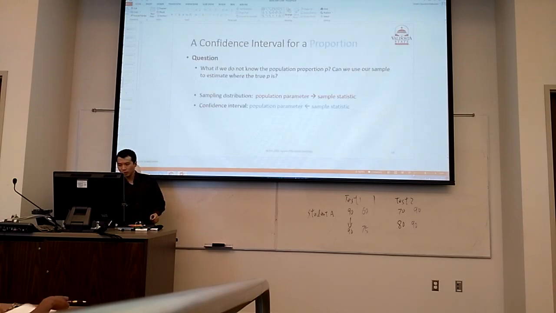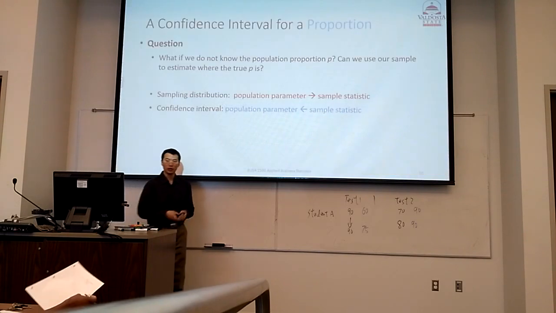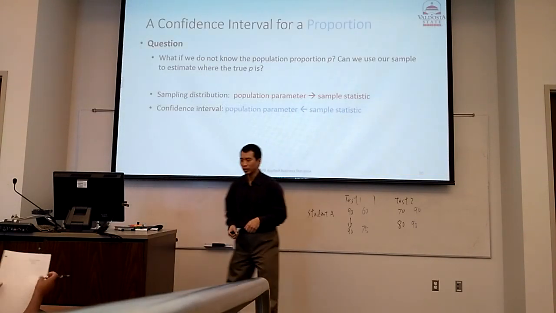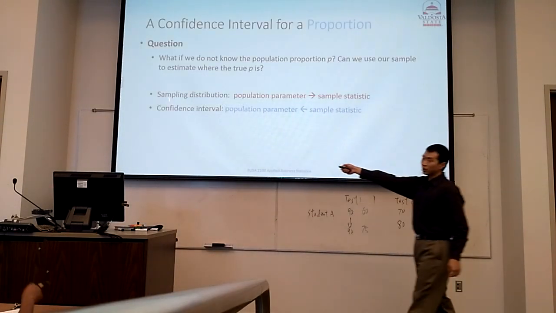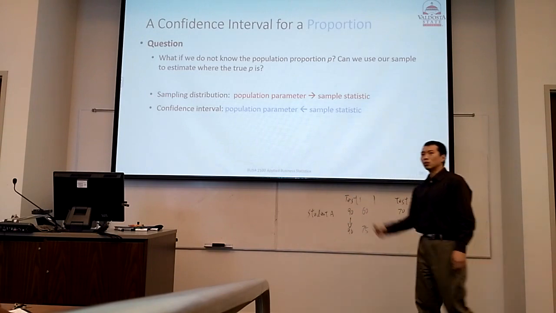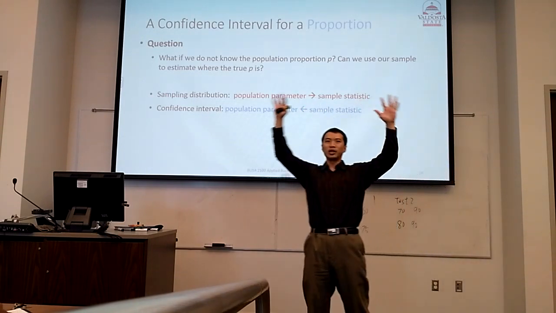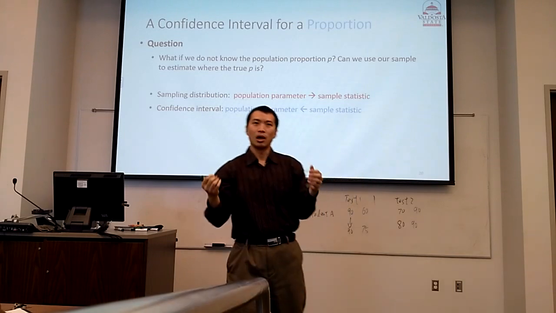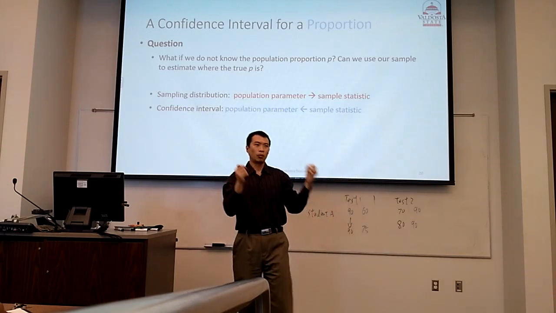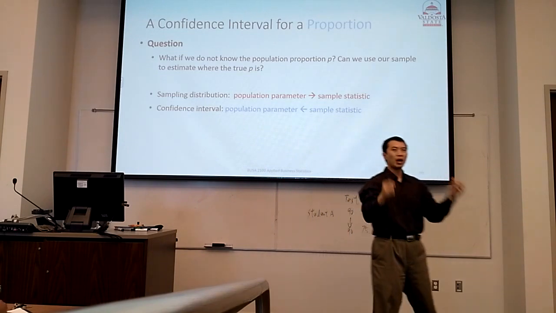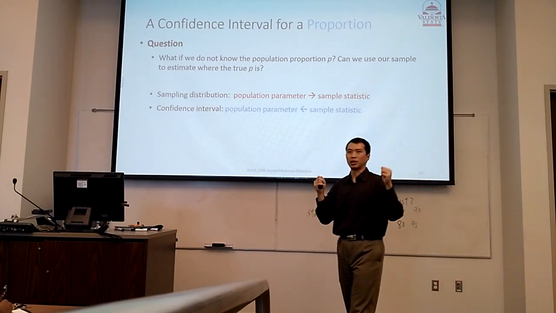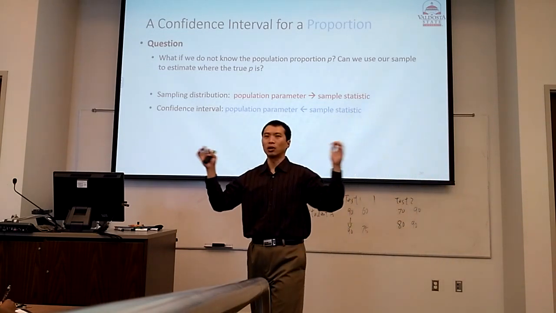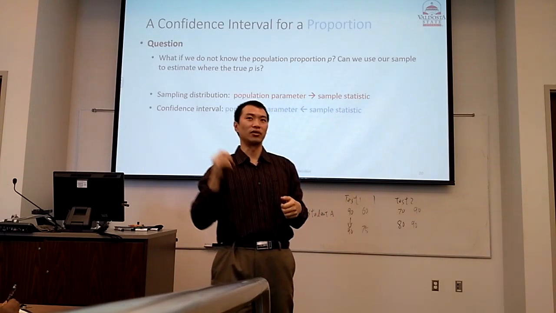So today we are going to start a new concept. If we see this slide, when we talk about the sampling distribution, we assume that we know the population parameter. For example, I know the proportion of management students in this class. If the whole class is my population, I know that information.